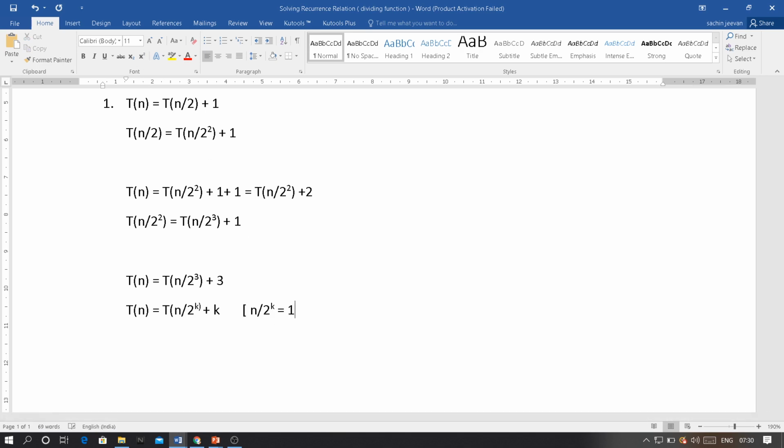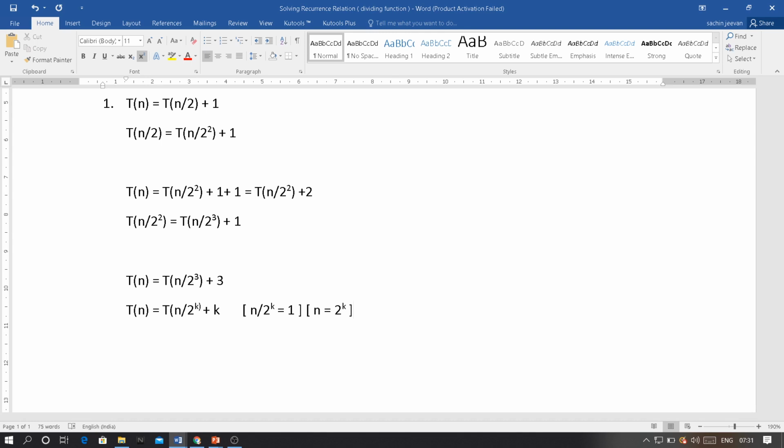If we take this 2 power k to the right-hand side, it is division here, so it will go to multiplication. So n is equal to 1 multiplied by 2 power k, which means n is equal to 2 power k.